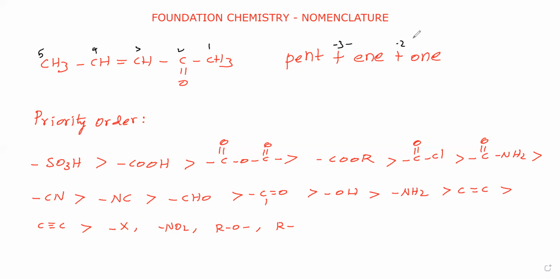In the ketone suffix, the first letter is O, that is a vowel sound. Therefore, in the primary suffix, the last letter e we have to drop. So the name of this compound is pent-3-en-2-one.